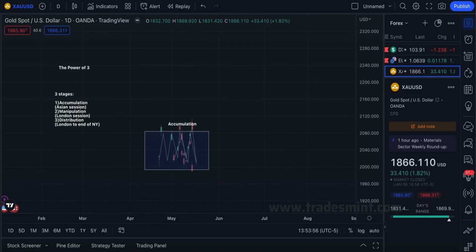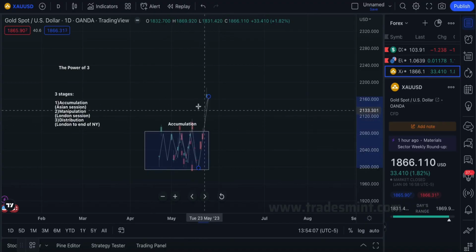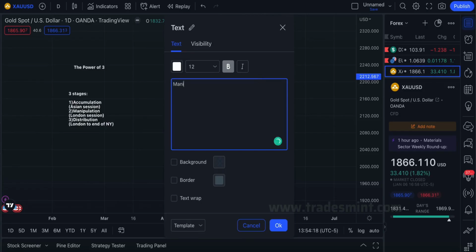What happens is price during London session, we know it's prime time for liquidity grab. So if we are bearish on the higher time frame, price during London session grabs all the liquidity and creates a liquidity grab. London session. And this stage is called the manipulation stage.